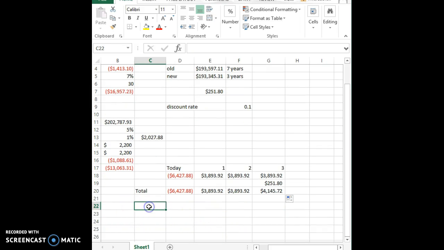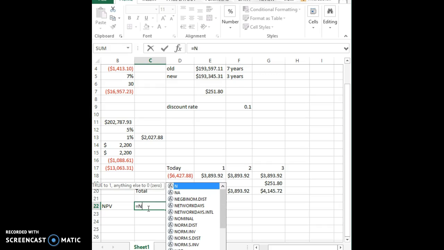Now what we want to do is the NPV, to see if this is a good loan to do. To do that, we use the NPV function.